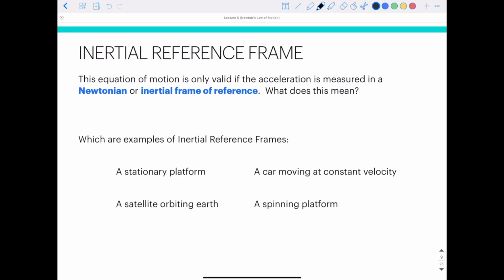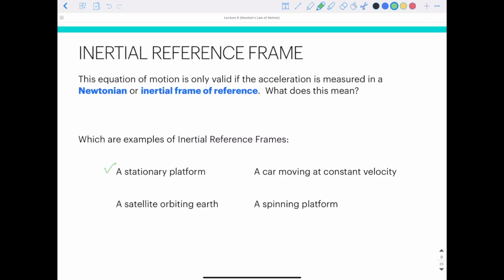Let's think at the bottom, which of these are examples of inertial reference frames? Do we think a stationary platform is an inertial reference frame? Would that be a valid reference frame to do our motion analysis on? Yeah, it's sitting still. Most of the motion that we've been working on so far is with respect to a stationary frame. The stationary platform is good.